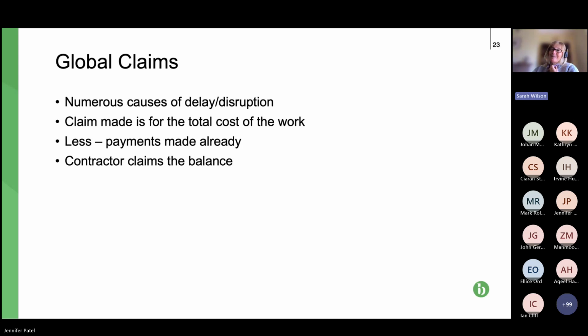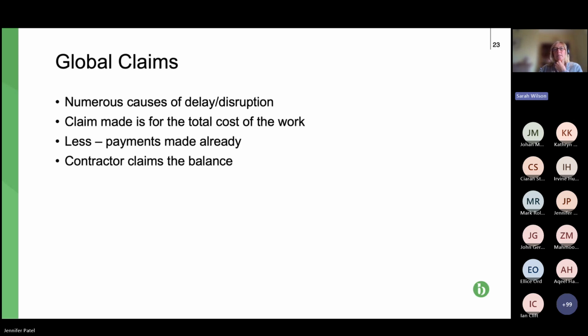So hopefully you can see that's not a particularly bulletproof type of claim, because there could be holes in such a claim because, fundamentally, you might have priced the work incorrectly. The work might not have been done as efficiently as it could have been, etc. So all sorts of reasons, which is why, shock horror, you can't bring global claims. Generally speaking, that's probably right.